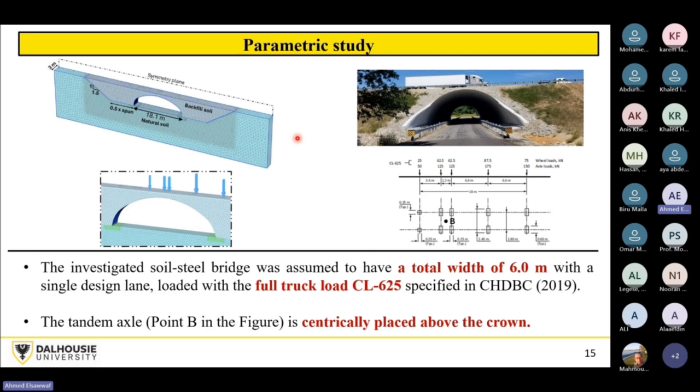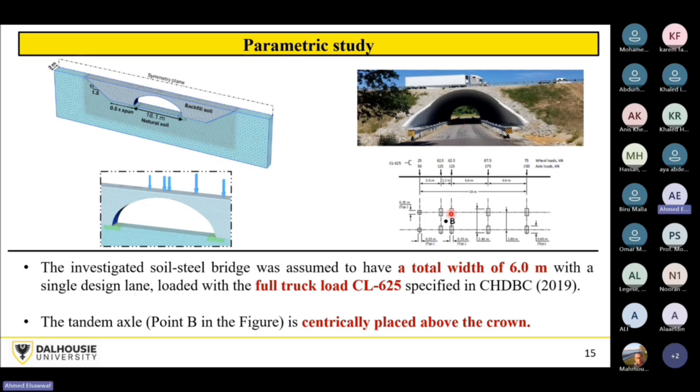And again, we are just simulating half of the bridge, assuming that this bridge has a width of 6 meters. So half would mean that we have a width of 3 meters in Plaxis. We are not considering any influence line here, or simulating moving loads in Plaxis.